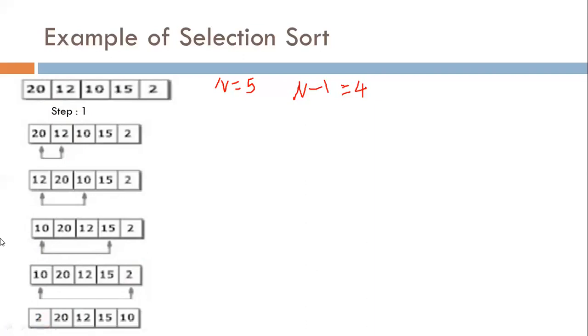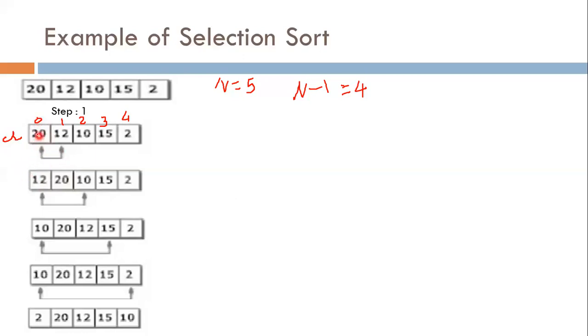Now again I write here we have 5 elements, and all these elements are arranged in an array. The index starts at 0, then 1, 2, 3 and 4. So in this procedure we start with our first element; for example, if the array name is A, our first element is A of 0.